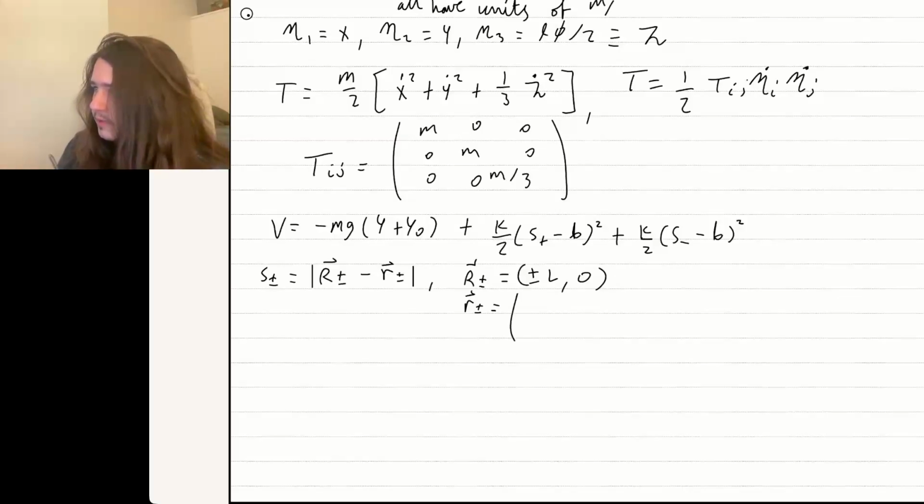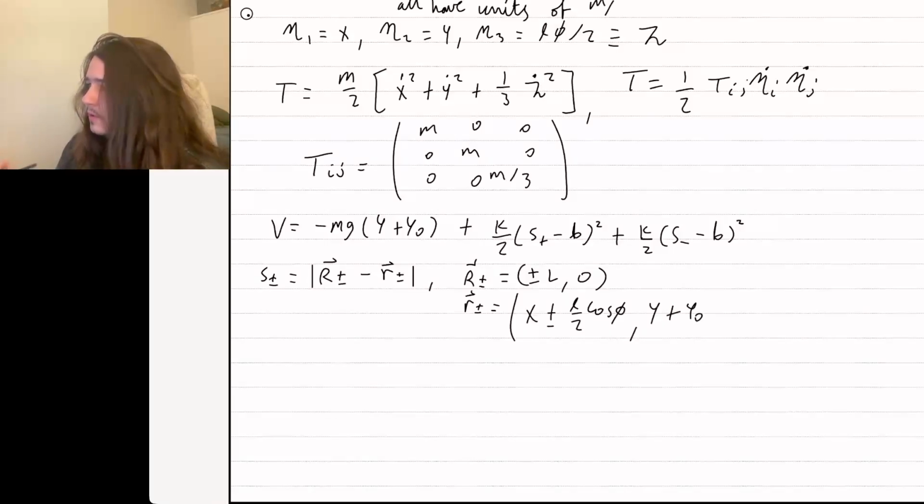For either of the springs, the x position is x plus or minus half the length of the rod times the cosine of the rotation angle. And then for the y position, it's y plus that offset we were talking about, plus or minus half the length of the rod times the sine of the rotation angle.